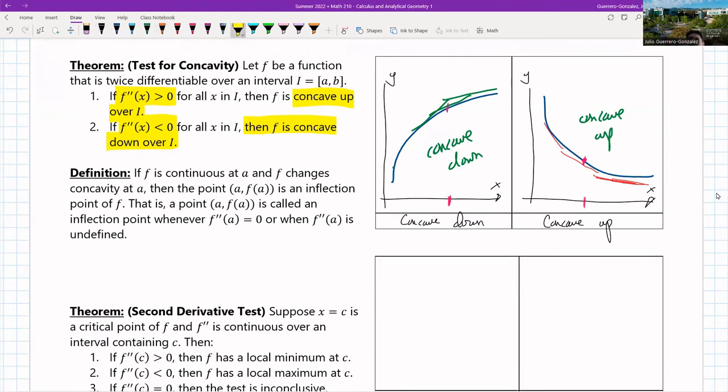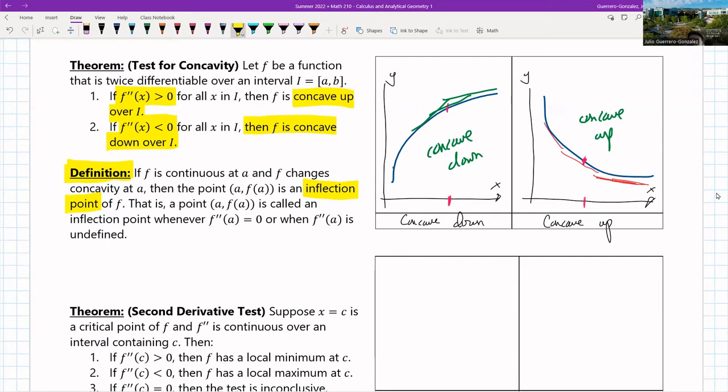The next definition that I want to explain here is that of an inflection point. The inflection point is when the concavity of your function changes. If you take a look at all of the functions that we've been playing around with in class, they can do whatever they want.